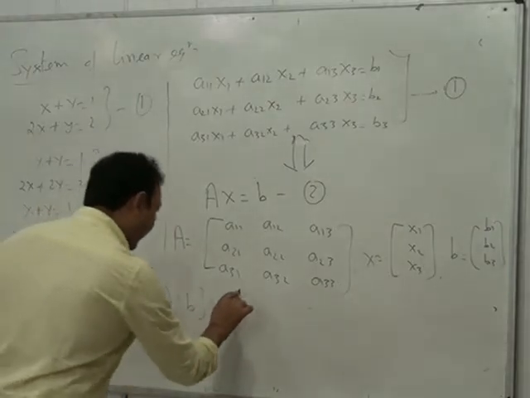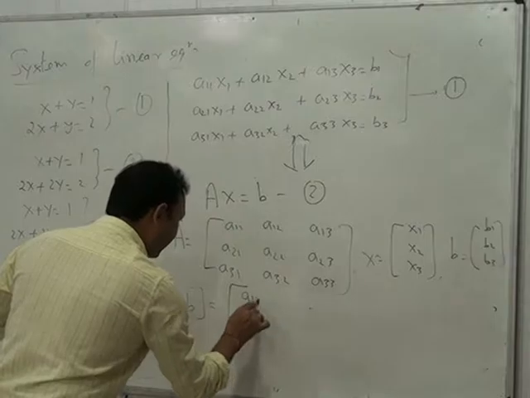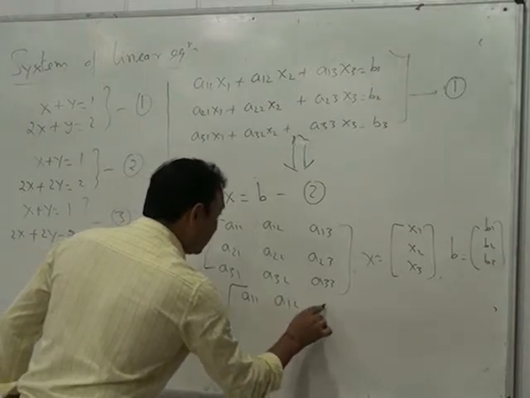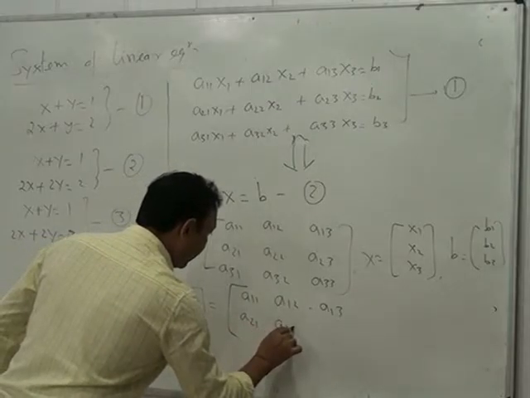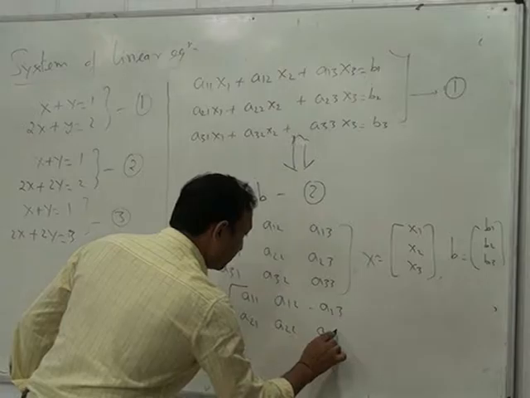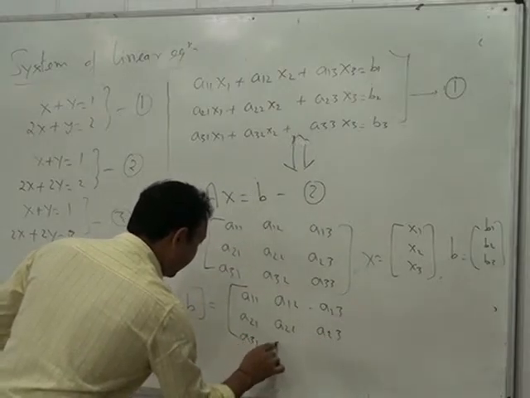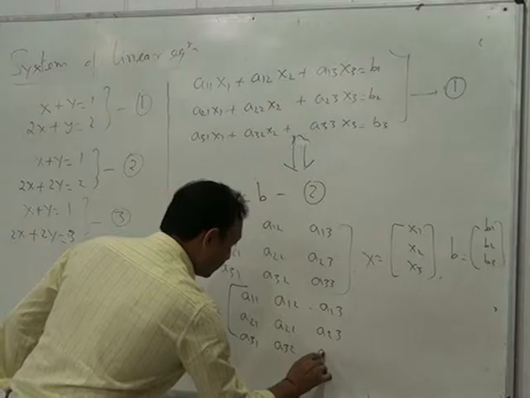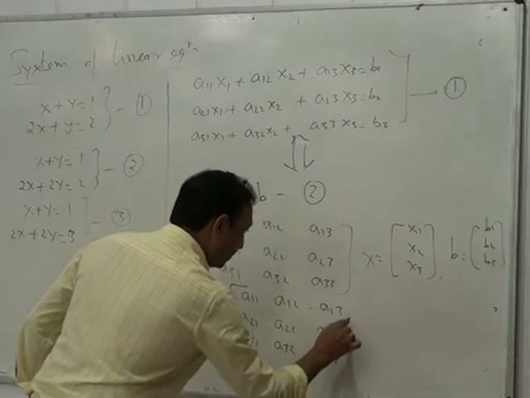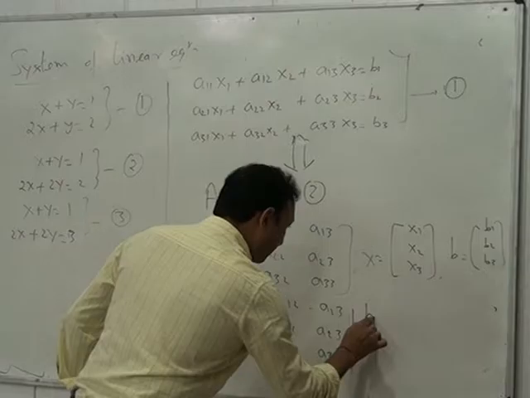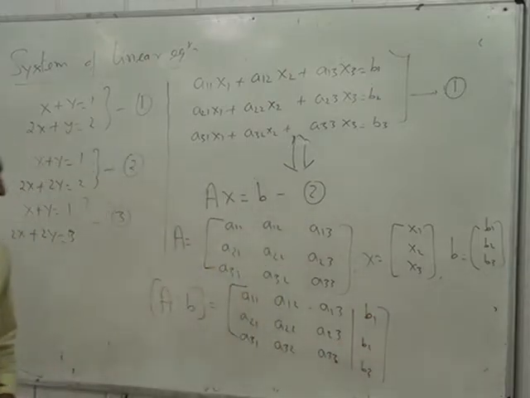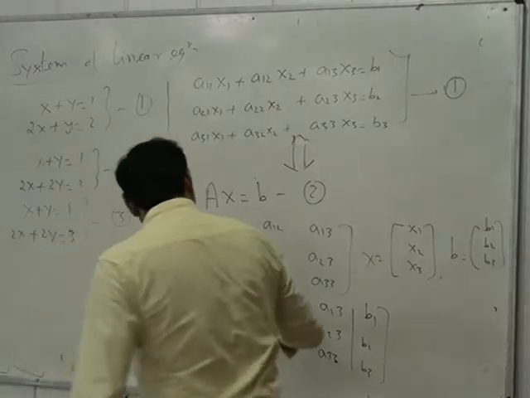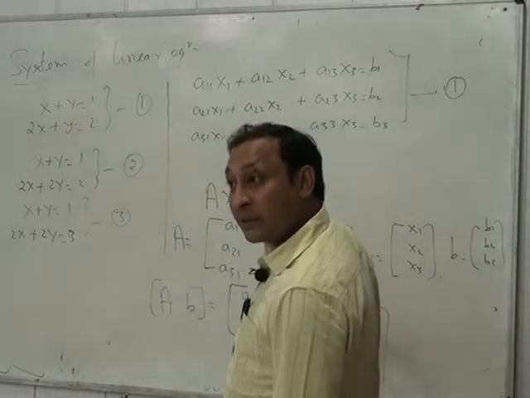It is just the same: a11, a12, a13, a21, a22, a23, a31, a32, a33, augmented with b1, b2, b3. Correct? So why am I writing this together? Because whatever operation I make, it must be applied here also, correct?